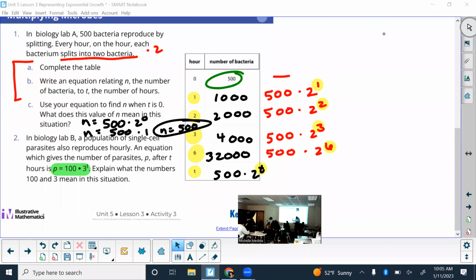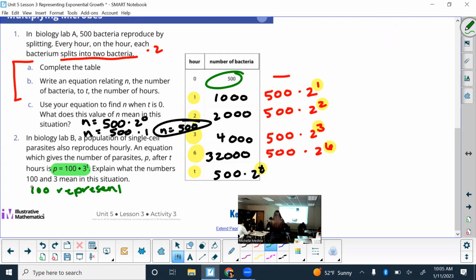So let's start with table 8. Given what we just talked about, hopefully we're noticing some patterns. If not, this will hopefully make you see it more. What would the 100 represent? The starting amount of parasites.